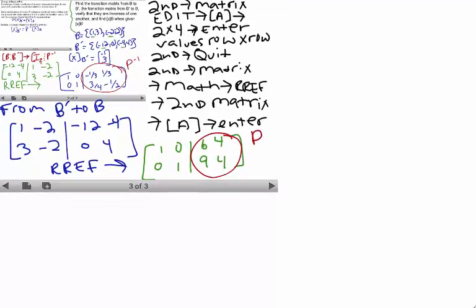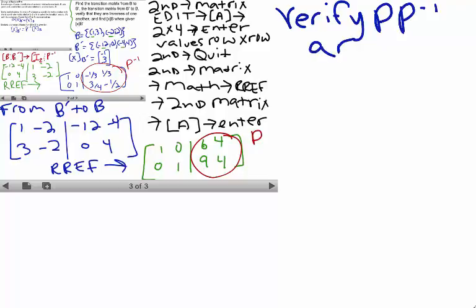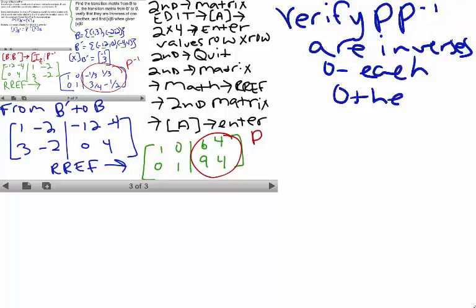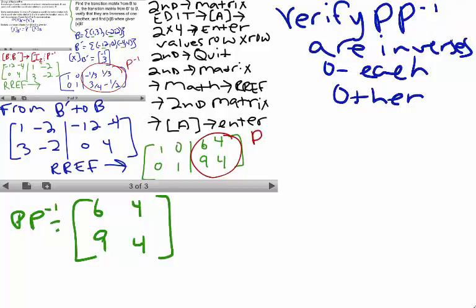Now we wish to verify that P and P inverse are inverses of one another. By setting it up as follows: P times P inverse is equal to our matrix P times our matrix P inverse.